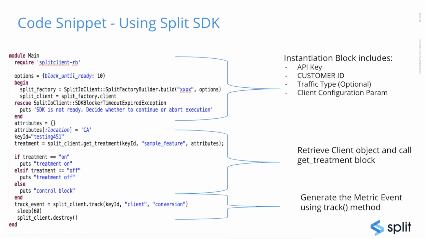We can actually send an event right away. Here we're specifying the same customer key or client key, and we're specifying the client traffic type, and then we're specifying the conversion. And conversion here is the event type.